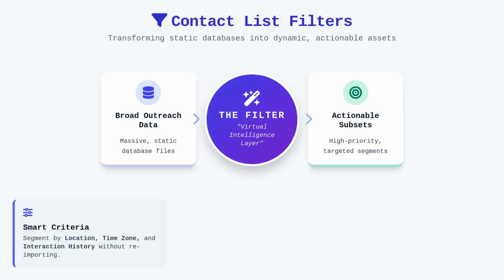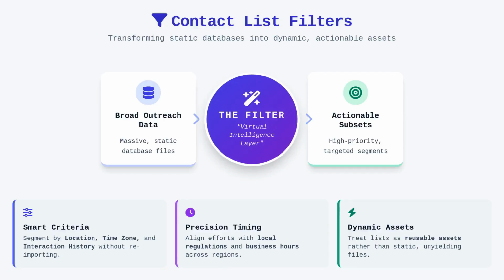When you apply a filter to a campaign, the dialer ignores all records that do not meet your specific logic, allowing you to target high-priority segments during specific windows of time. This level of granularity is particularly important when you need to align your outbound efforts with specific local regulations or business hours in diverse geographic regions. By utilizing filters, you treat your contact lists as dynamic, reusable assets rather than static, unyielding files.